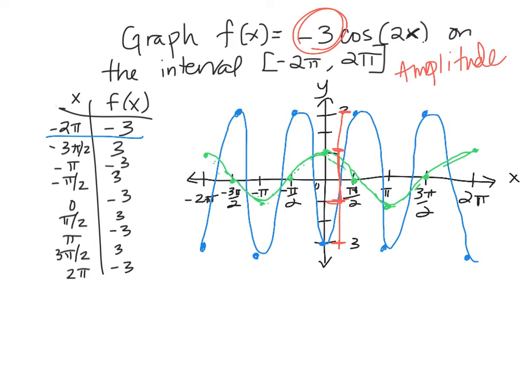So notice that we started at positive 1 for cosine, but with our transformed graph in blue, we started at negative 3. So the amplitude controls whether it stretches or shrinks, and then if it's positive or negative determines the reflection.